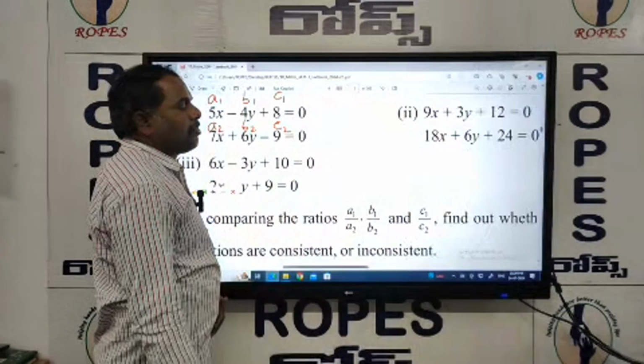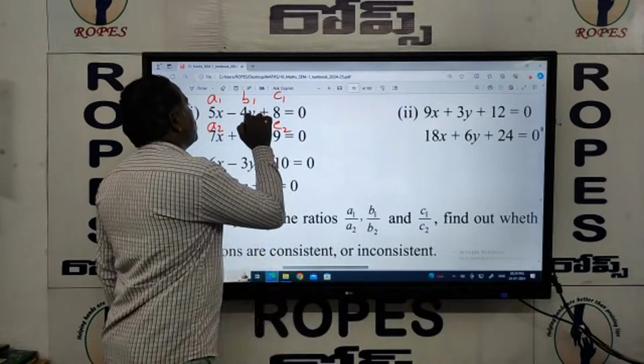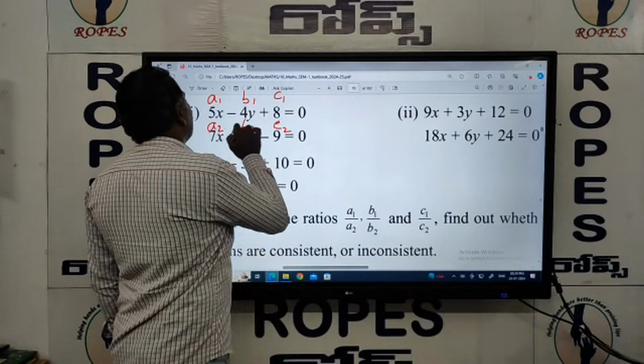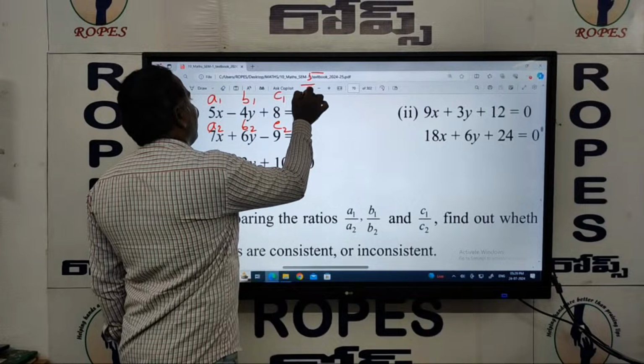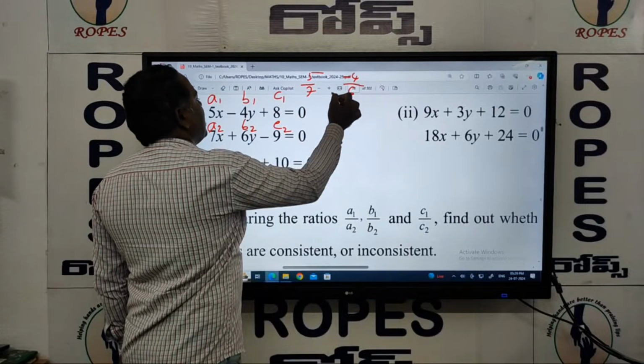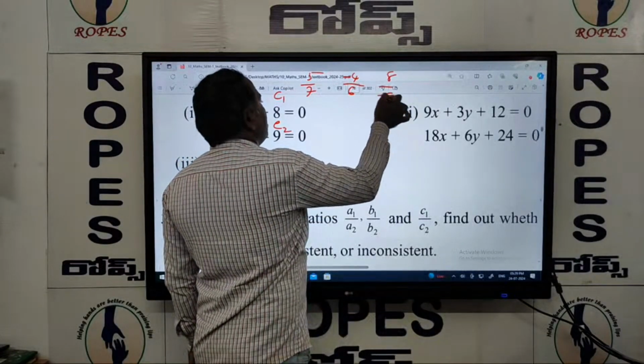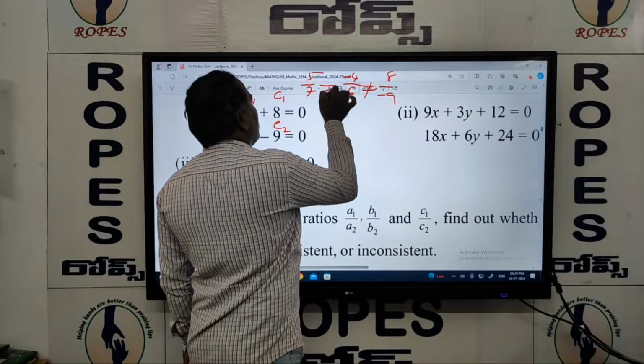So on comparing, A1 by A2 means 5 by 7, B1 by B2 is -4 by 6, and C1 by C2 is 8 by -9. So these are all not equal.